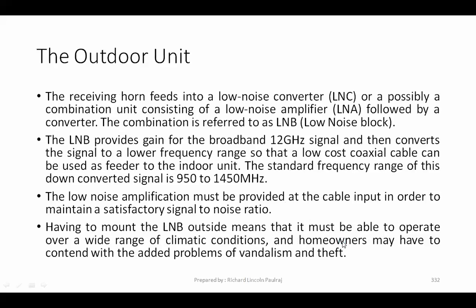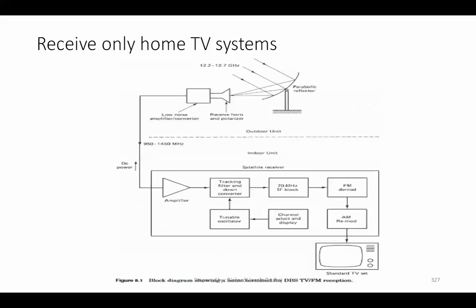So you can see here, you have something called IF, right. So from here, it passes on to an amplifier, and then it can track and down convert, because this is in the range of 950 megahertz, so that has to go down to 70 megahertz. So it needs a converter.